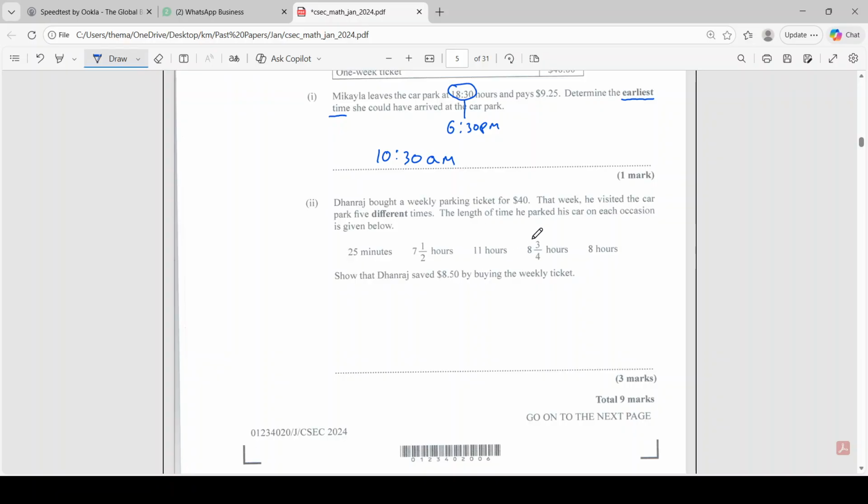If he bought the weekly ticket, he would have just spent $40. If he didn't buy the weekly ticket, he would have paid each time he parked.